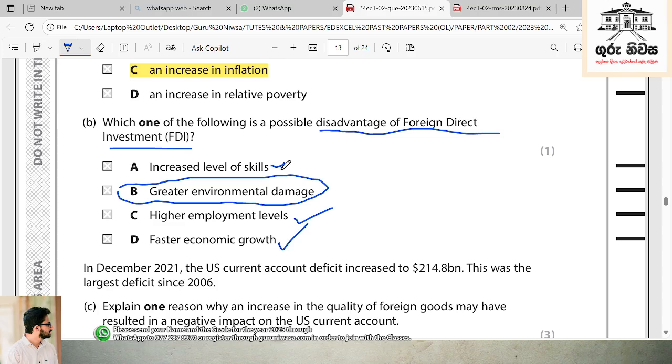Yes, because foreigners come here and they try to work with us, giving more skills. Our people have a chance to work with others, especially people from developed countries. These are advantages. Great environmental damage is a disadvantage.